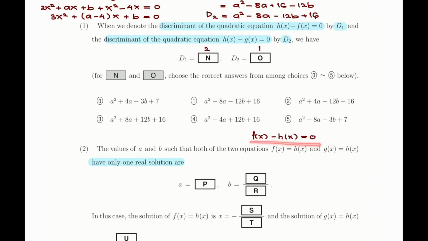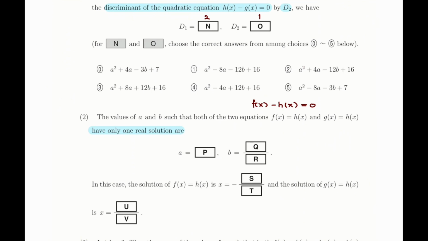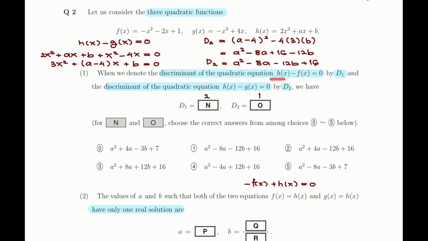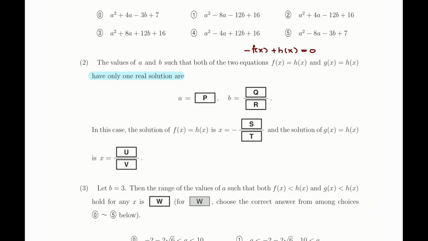The discriminant is d1. Don't be confused, because this is h minus f. Of course, you can multiply this equation by negative 1, then I will get negative f plus h equals 0, same thing as this one. So the discriminant of this quadratic equation is d1.